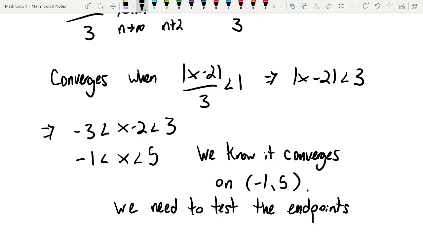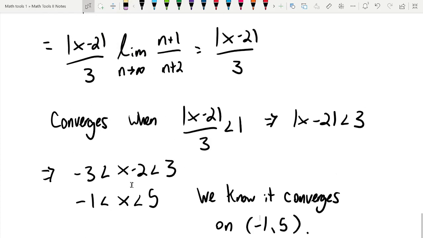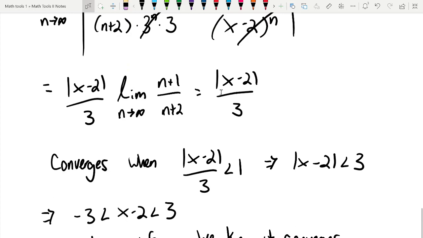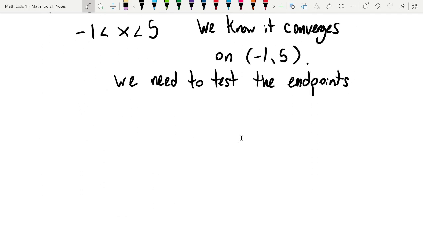Specifically, if x is equal to negative 1, if we look at the initial limit here, this is going to be the absolute value of 3 over 3, which is 1, and that's going to make the ratio test inconclusive. So we're going to need to do a different test at that point. Same thing with 5. If x is equal to 5, this is also going to be 1, so the ratio test is inconclusive. These can get a little bit lengthy in these situations.